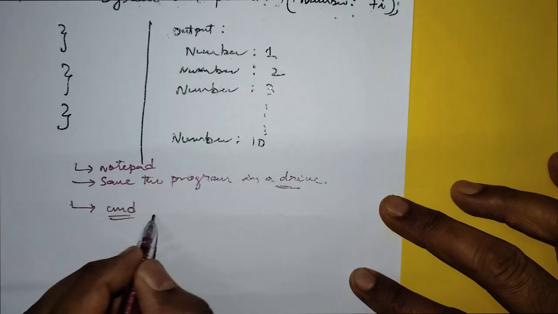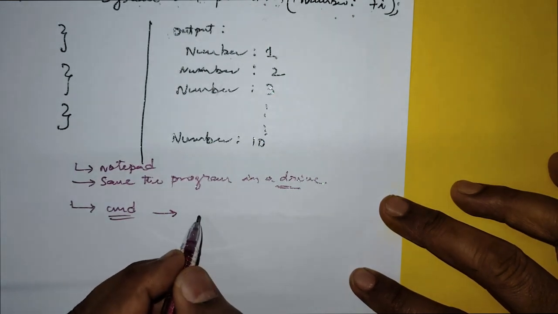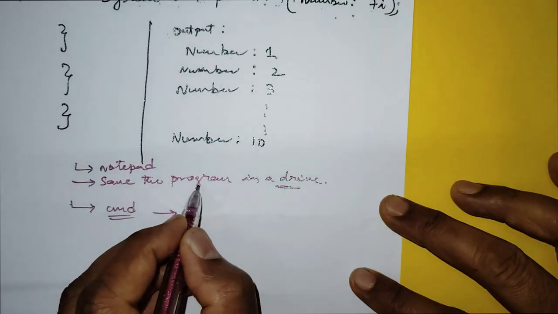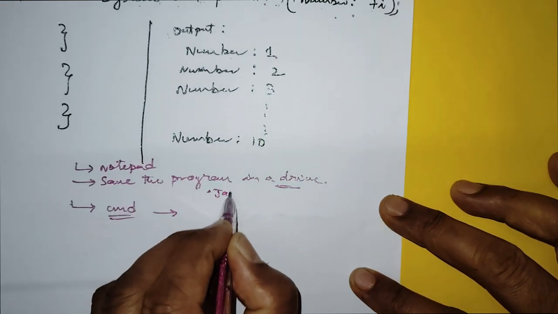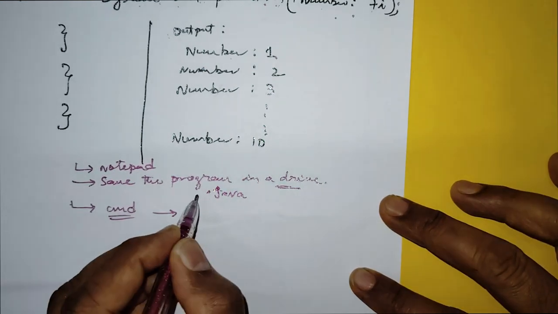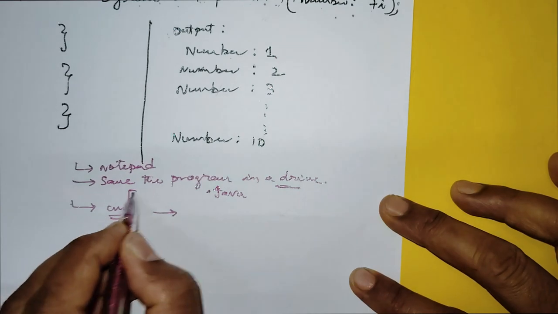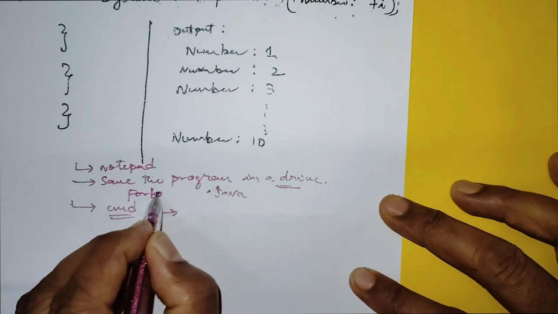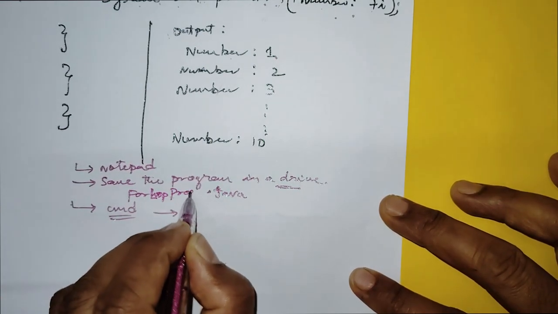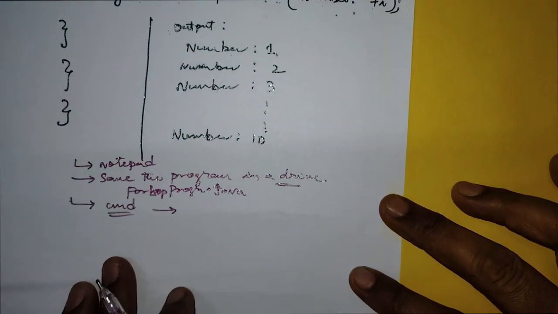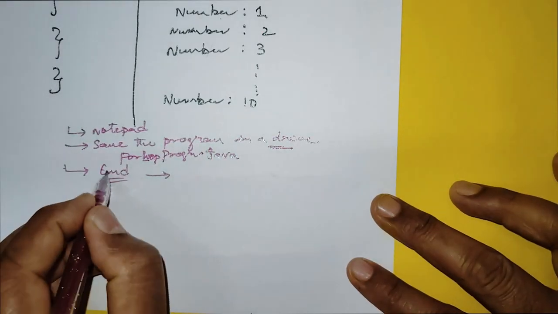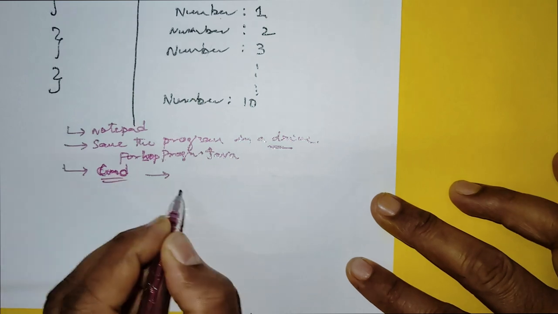It should be saved with the Java name, with the class name. Here it is for loop program.java.